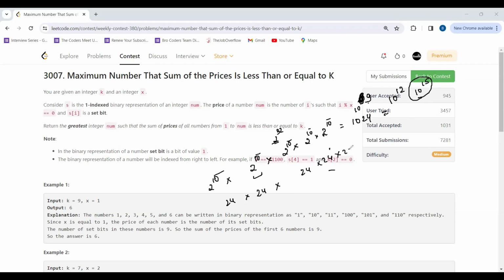You can see, 10 to the power 15 is around 2 to the power 50. For approximation, let's take 24 to the power 5. How much is that? 576 into 576, around 25,000 into 24.